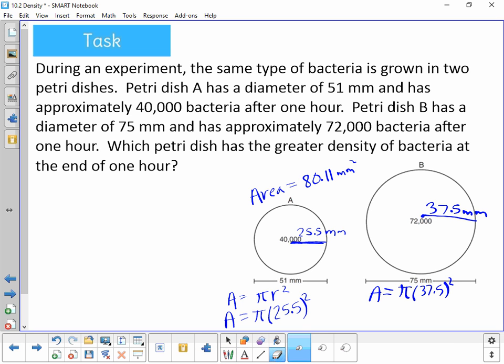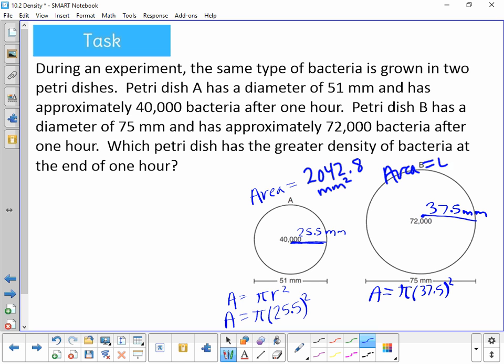I hit the squared button, but it didn't square. Sorry. 2,042.8 millimeters squared. Okay, sorry. Second one is pi times 37.5 squared. 4,417.9 millimeters squared.